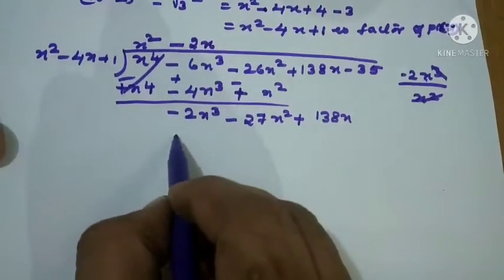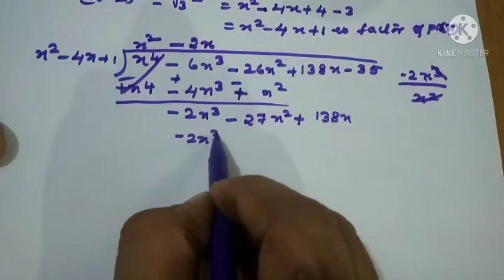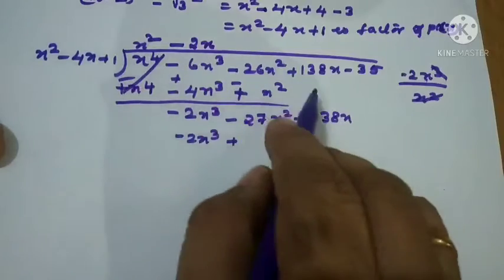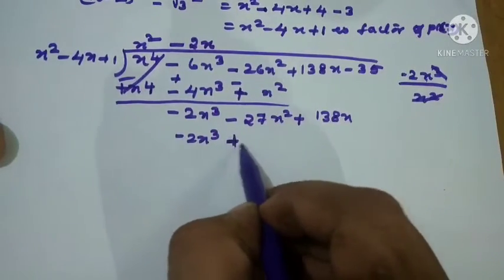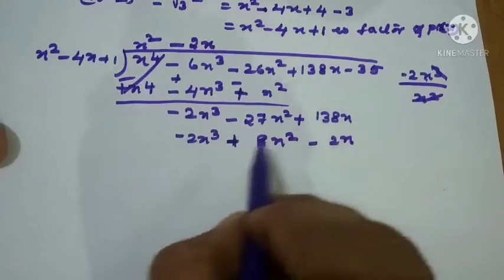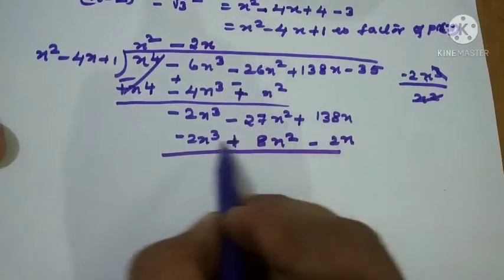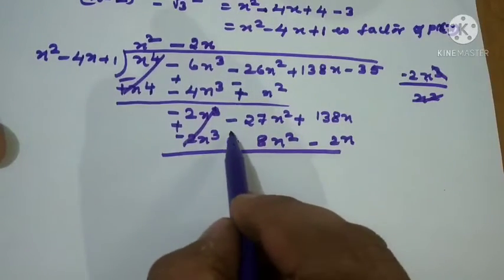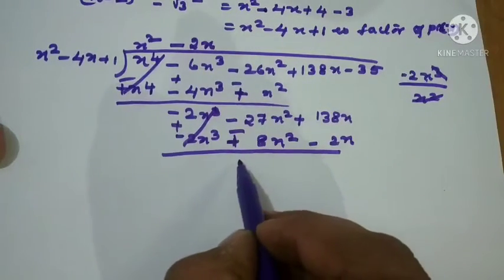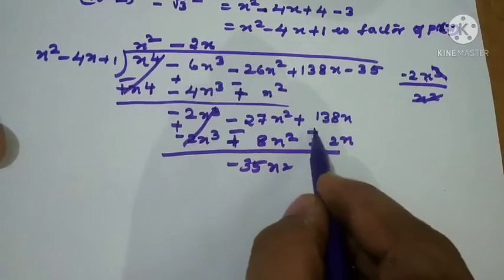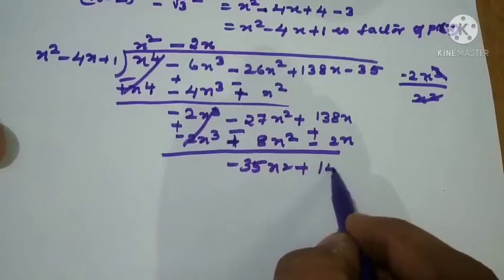Again multiplication: minus 2x into x square is minus 2x cube, minus 2x into minus 4x is plus 8x square, then minus 2x. Change of sign, always the first term to be cancelled. So here also change of sign, then minus 35x square. Here also change of sign, so 140x.